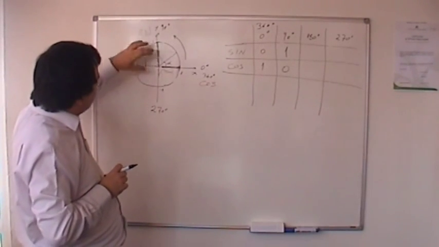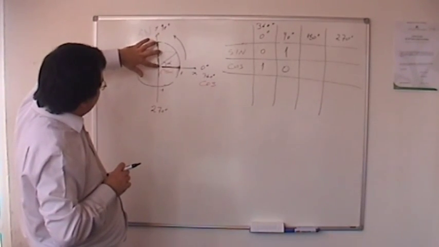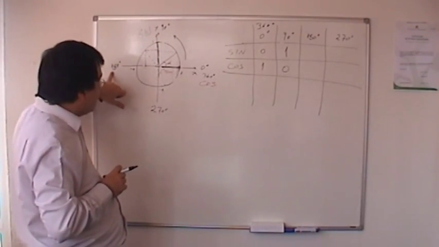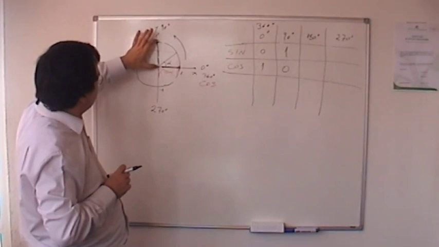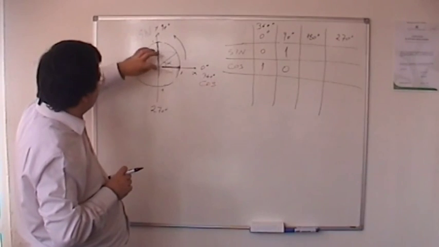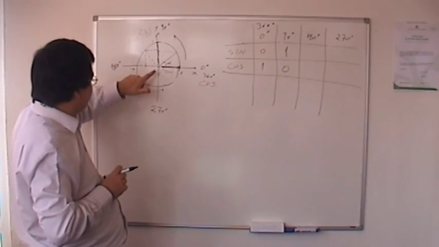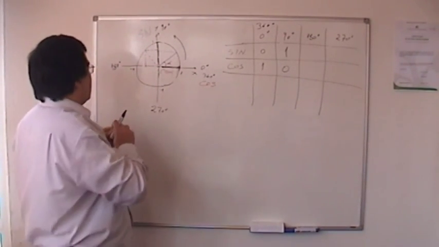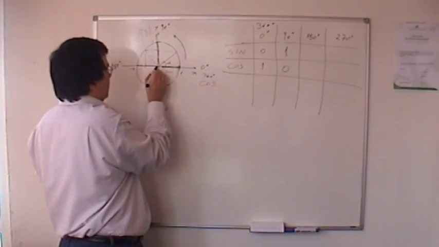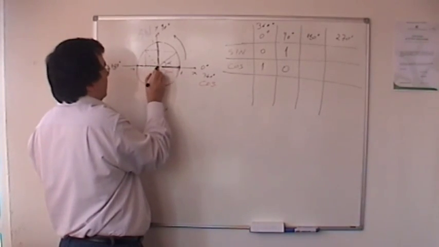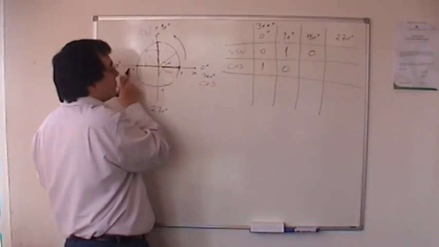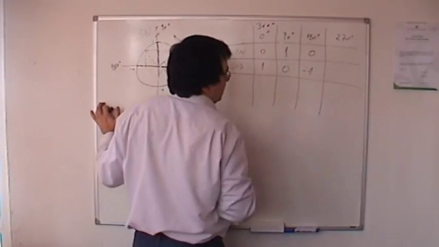And we will see that as we move our angle towards 180 degrees, the sine will be decreasing and the cosine projection will decrease from 0 to -1. So when we reach 180 degrees, the sine will be 0 again and the cosine will be -1, the minimum amplitude.